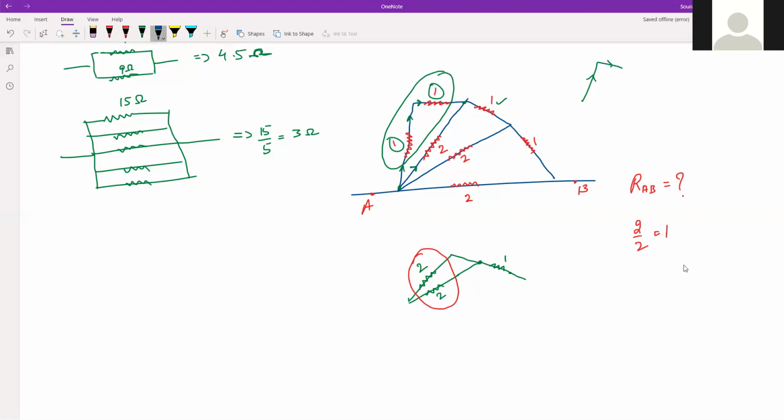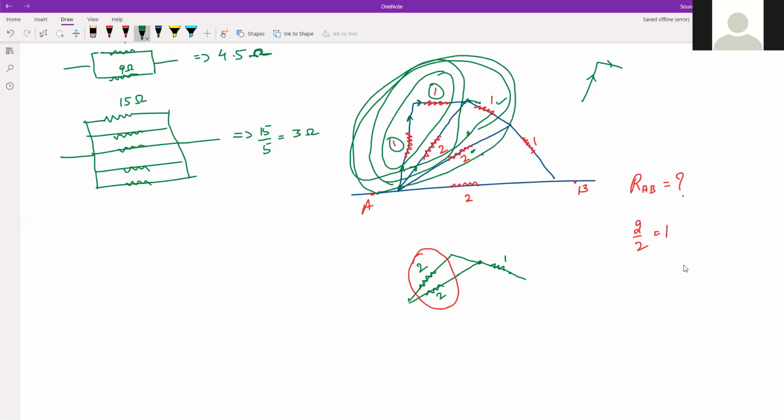That means in the original, this equivalent is 1. And that one is again in series with this 1. So again 1 and 1 will be 2. And then that 2 and this 2 will be in parallel, so that 2 and this 2 will give us 1.